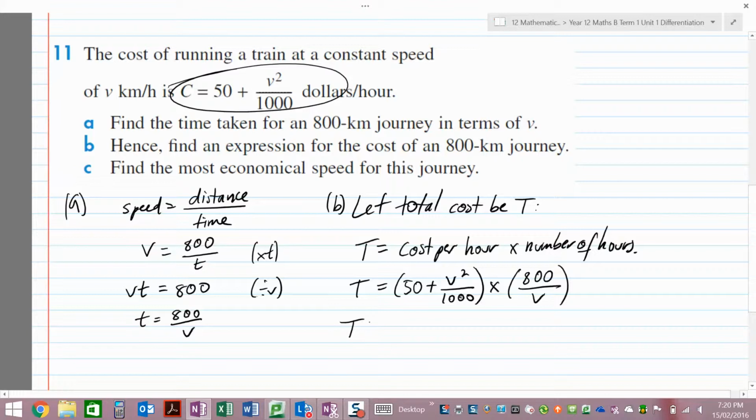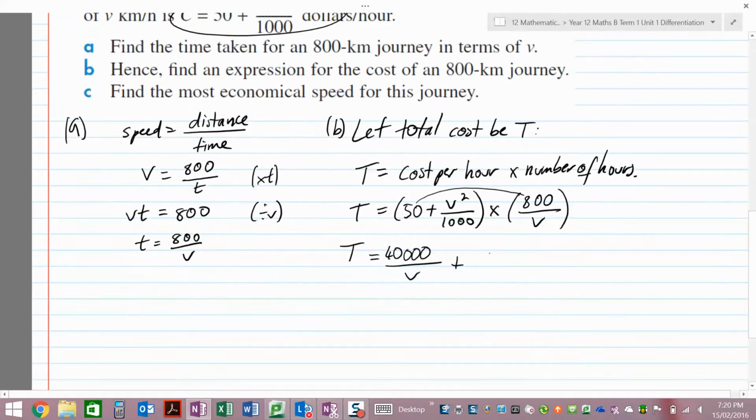Okay, from here I'm done. I could differentiate, but I'll just do the expansion first. So 50 times 800 on v, put the 3 zeros there and then a 40 in front of it on v, plus, it's going to be interesting, 800 v squared on 1,000 v.